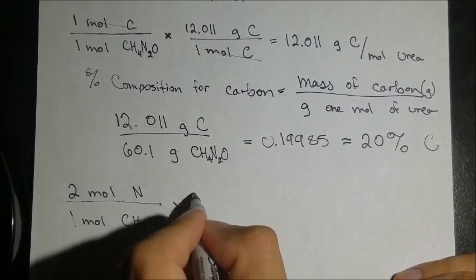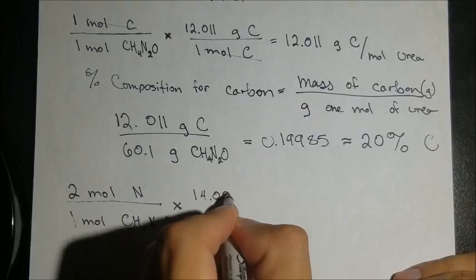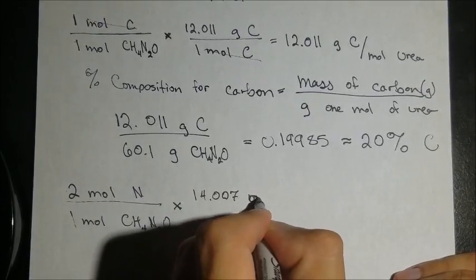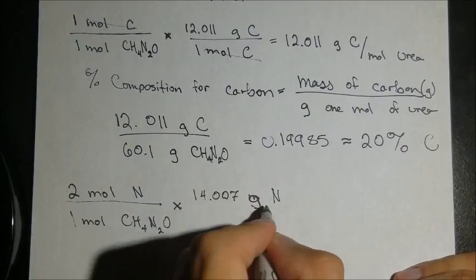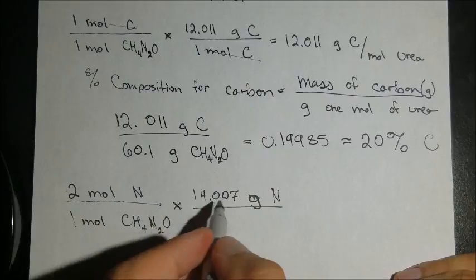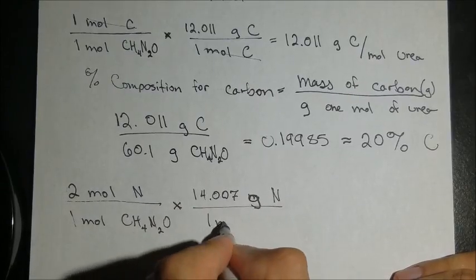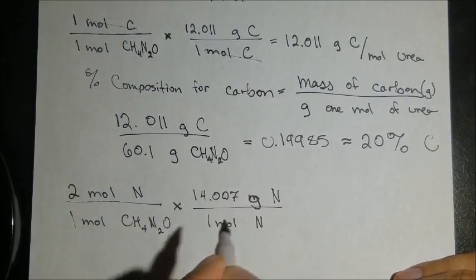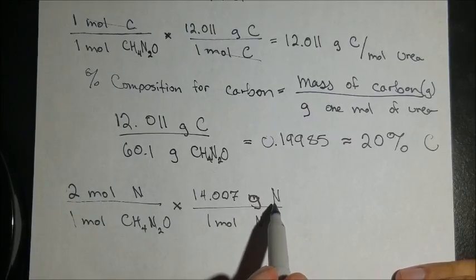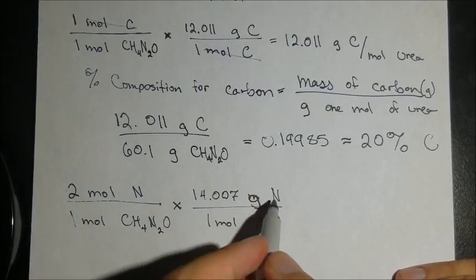And if we multiply that by grams of nitrogen, this just is the molar mass, or the atomic mass from the periodic table of nitrogen. It's the molar mass of atomic nitrogen, not molecular nitrogen, which is N2.